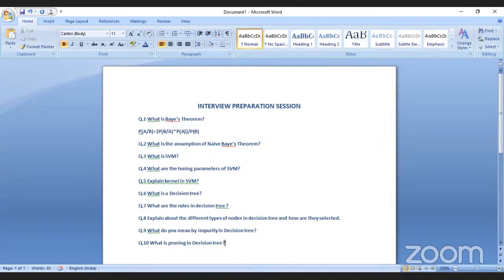When we are working on a decision tree, mostly we face the problem of overfitting. To overcome that problem, we use pruning. Pruning is a process of removal of subnodes which contribute less power to the decision tree model.